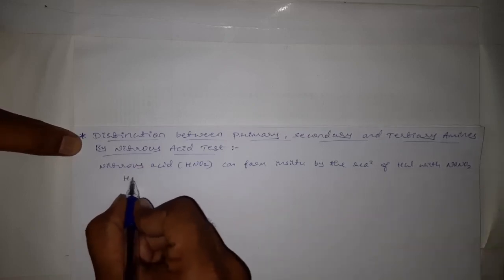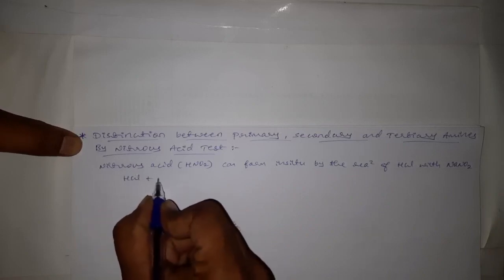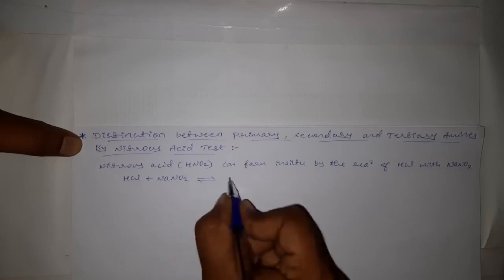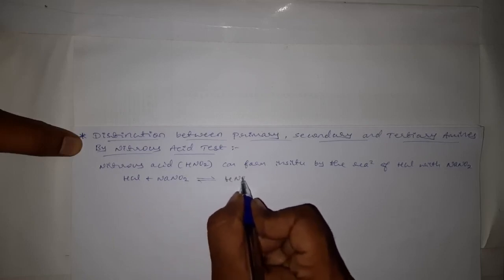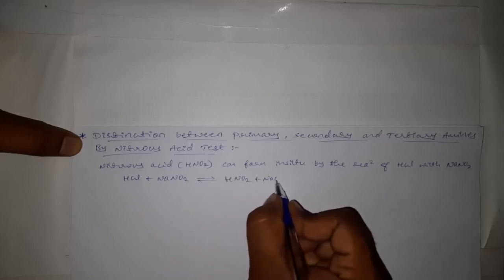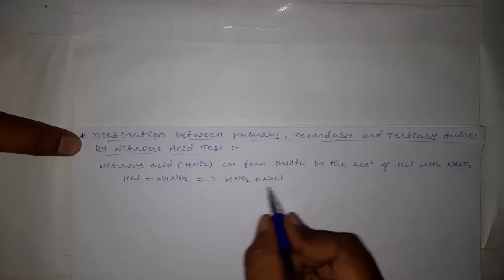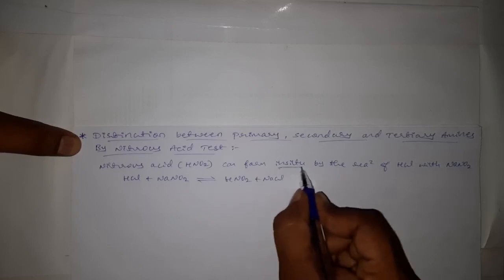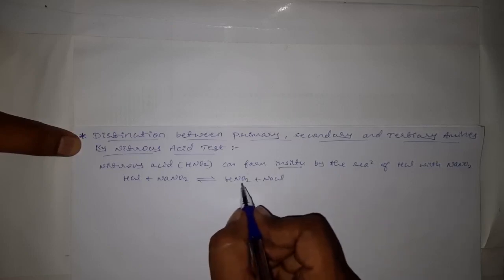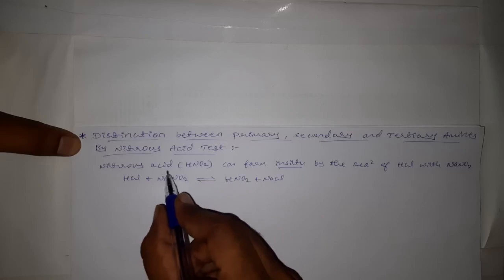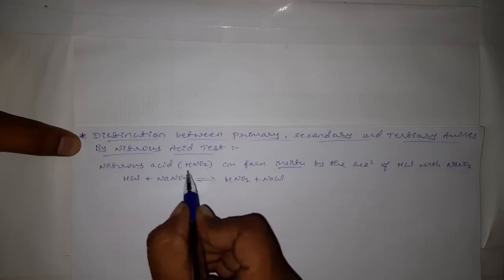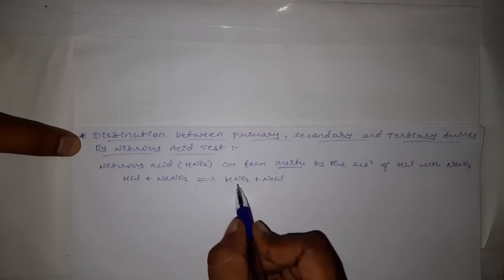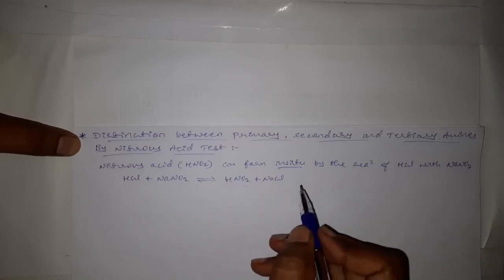We can write HCl reacts with sodium nitrite to form HNO2 plus NaCl. Like this nitrous acid can form in situ. In situ means during the reaction course only. Whenever we use nitrous acid, we add the mixture of these two, HCl and NaNO2, and these two will react and give HNO2 during the reaction only.